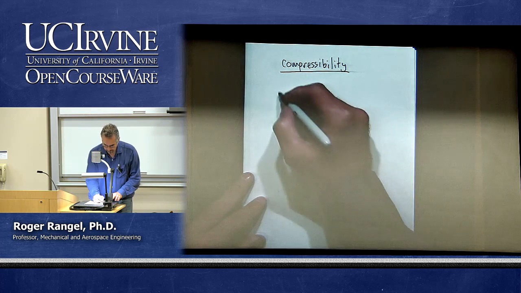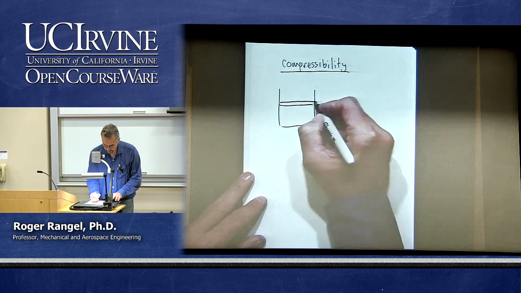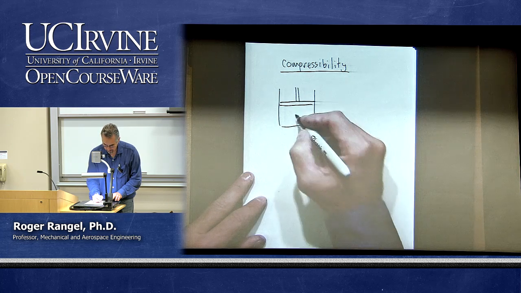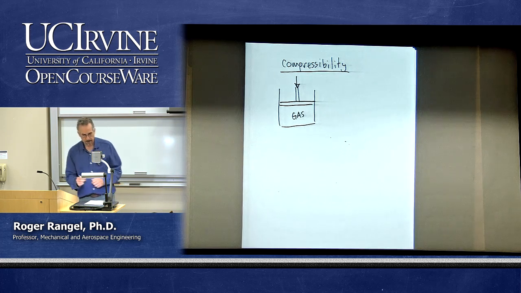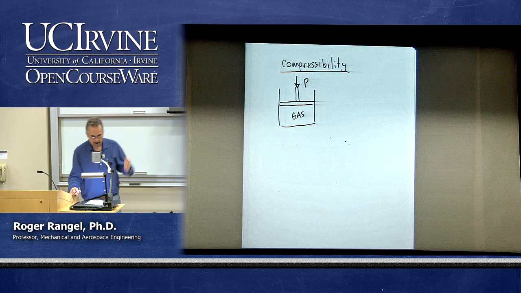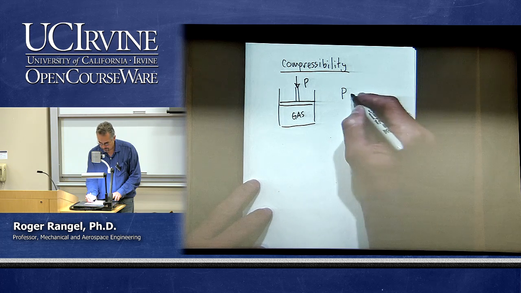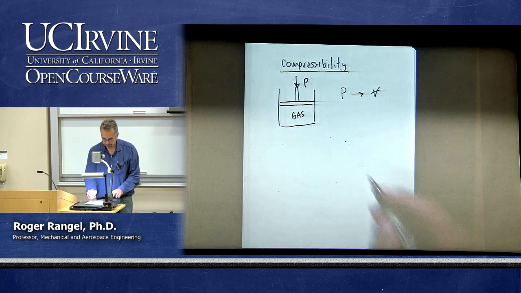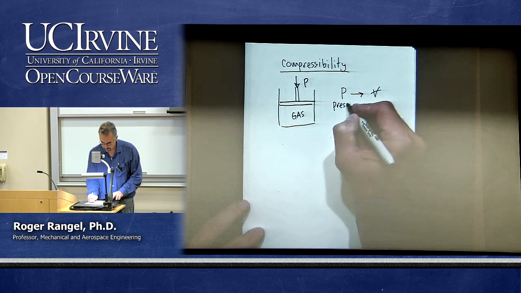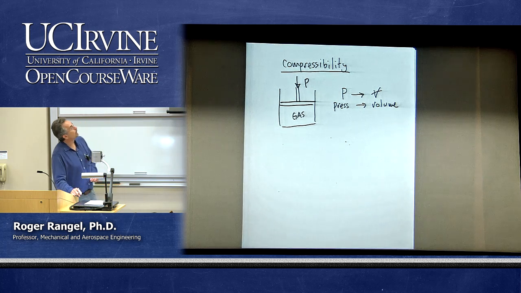Suppose, for example, that you have a gas in a cylinder like we do in thermodynamics, and you compress it. So you apply a pressure, and you're interested in knowing what the effect of that pressure is on the volume. Okay. Pressure, volume.